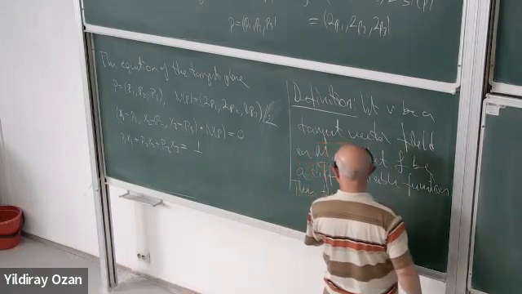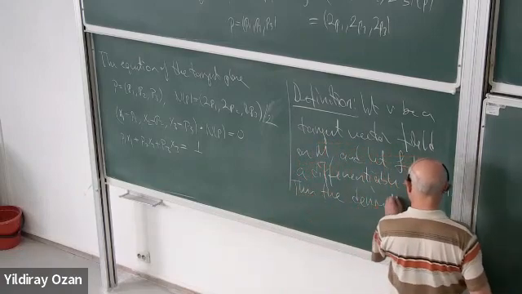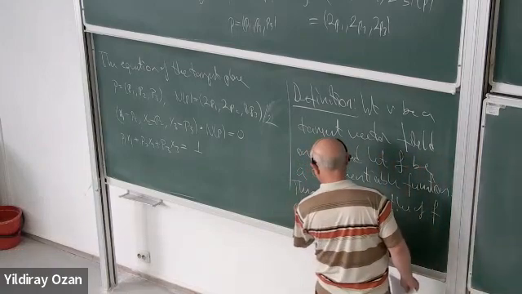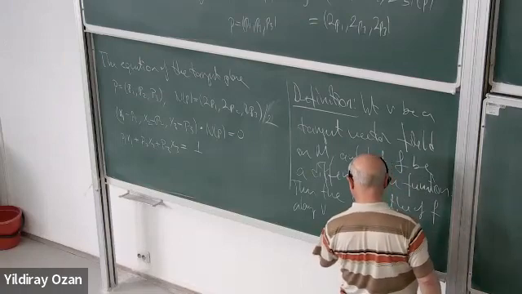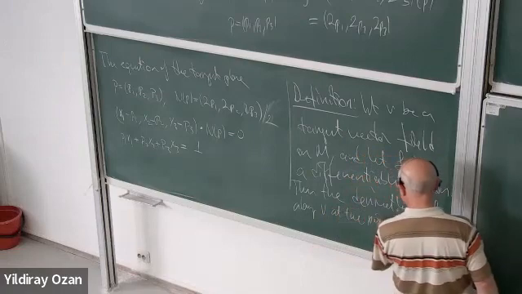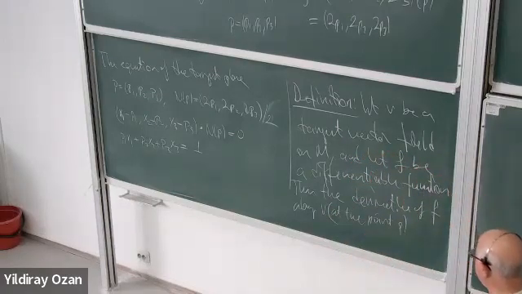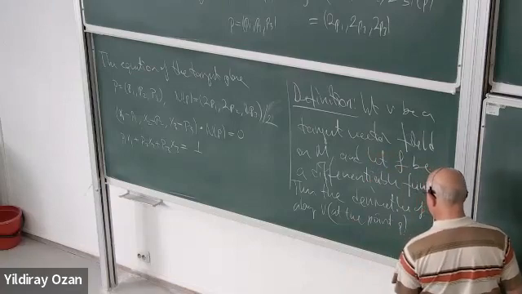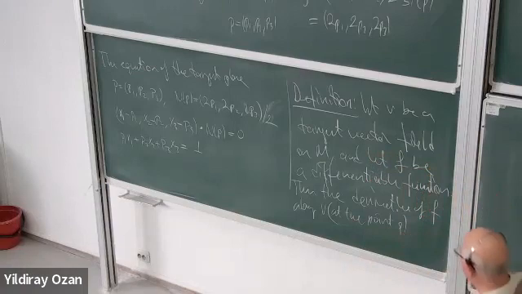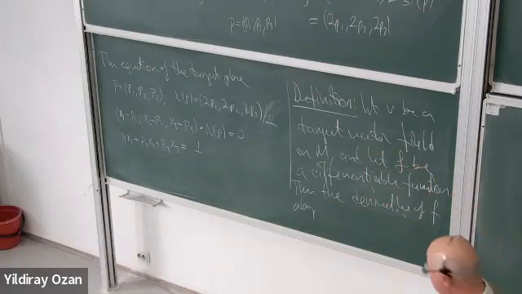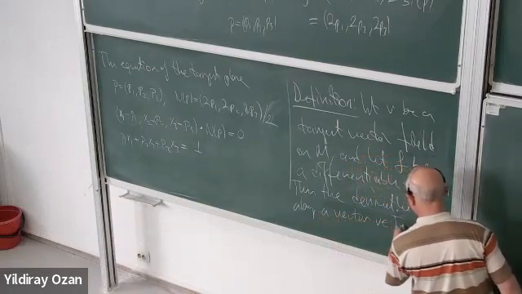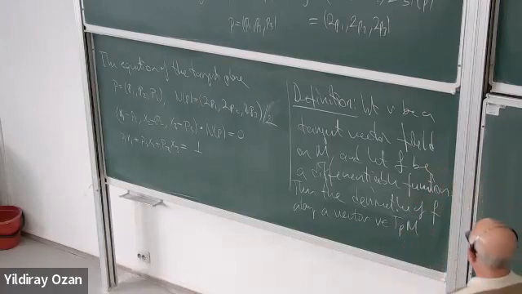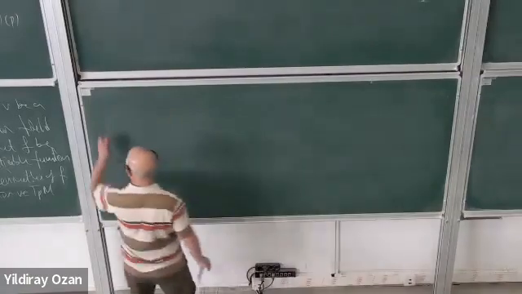Then the derivative of F along V at the point P. Well, V is a tangent vector. This is the common value.